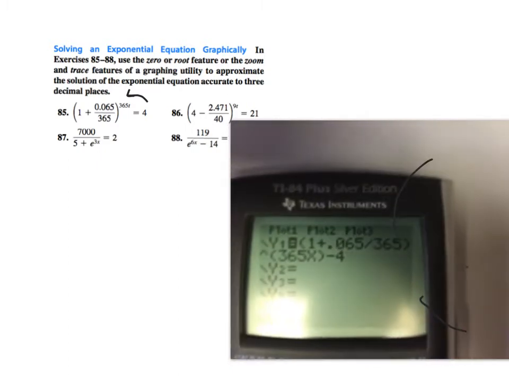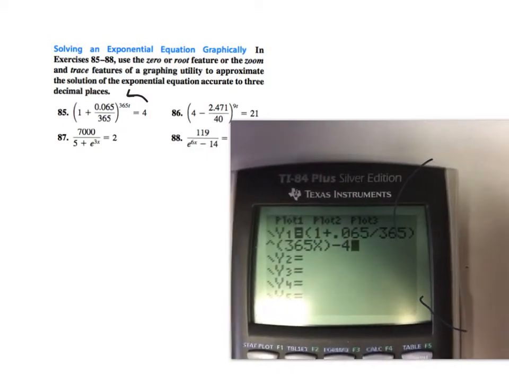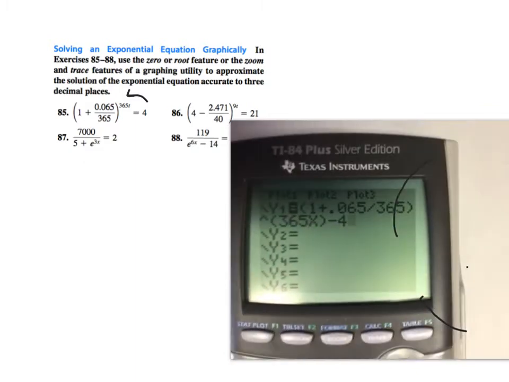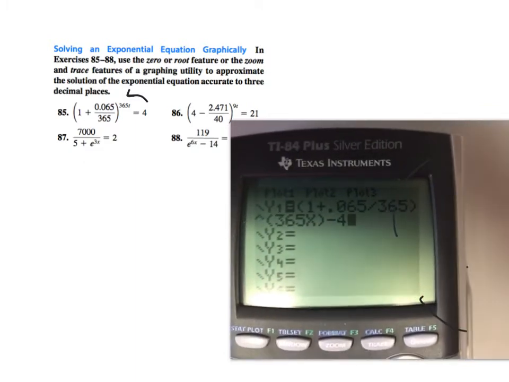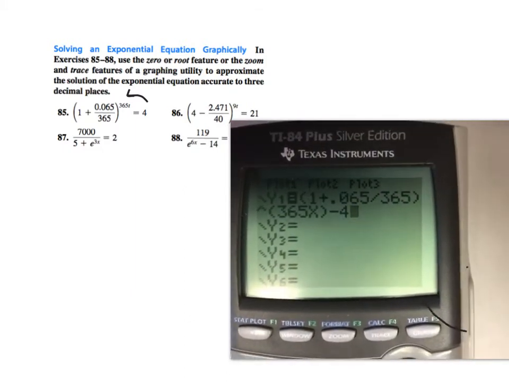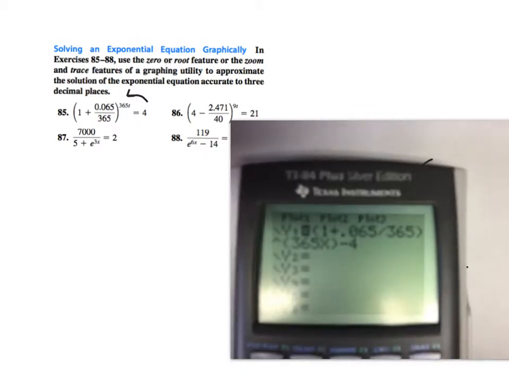So here I have the equation that I've done, and sorry for the lousy visual there, but I wanted you to see exactly what was going to be in that calculator, including the shadows and everything else.